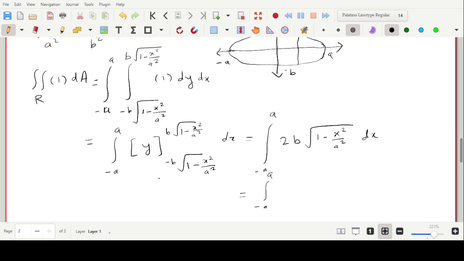Here we can equalize the denominator. We can write this inside the square root sign as a square minus x square divided by a square, and then the square root of a square can be taken outside, and it will become 2 times b over a, and inside the square root sign we shall have only a square minus x square, dx.